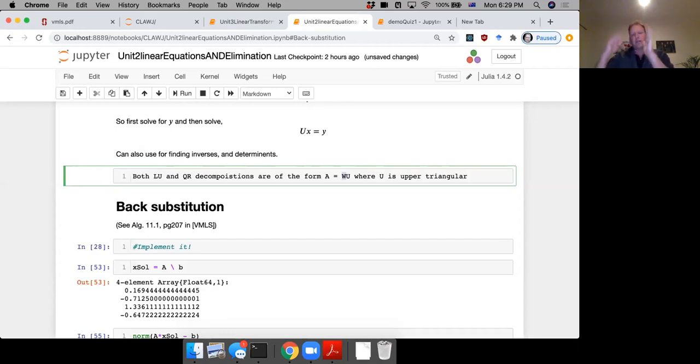So the inner product of different columns is zero, and of the same column is one. We'll get to that. Whereas with LU, it's lower triangular.